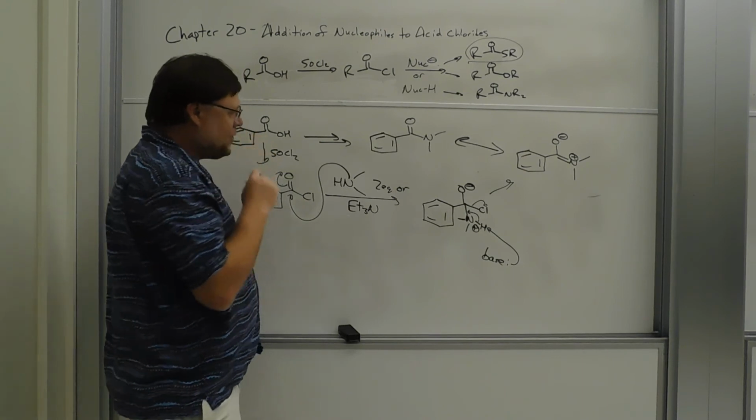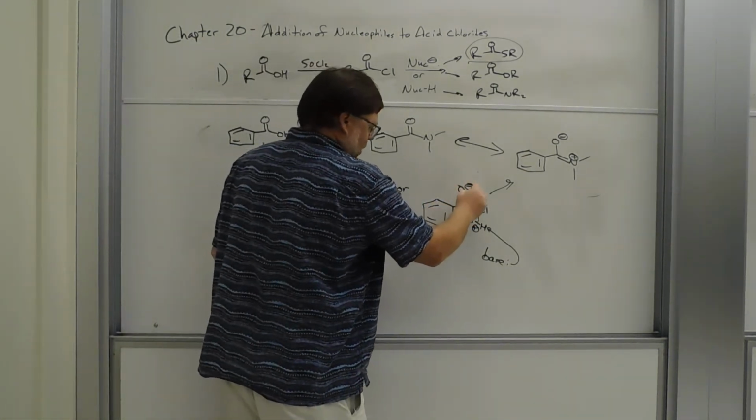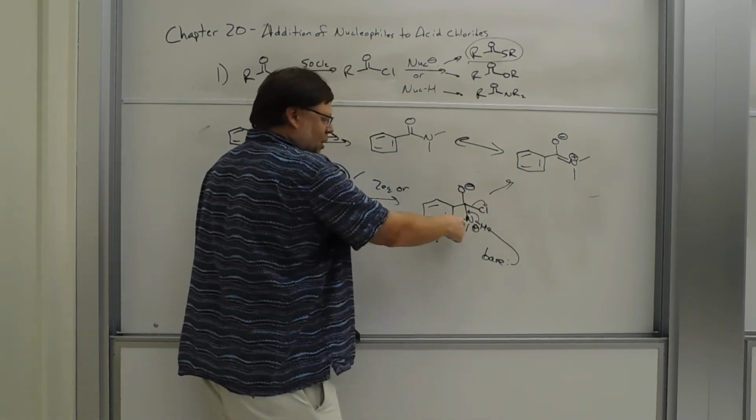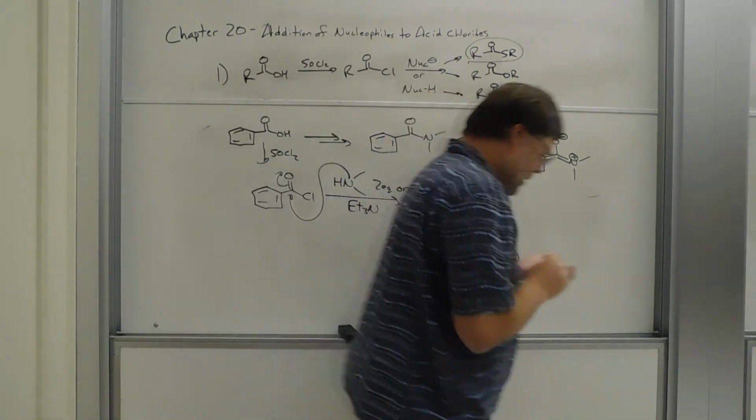Okay, so you typically aren't going to have that. The book has the O minus swing down, kick out the chloride. You end up with a plus here. You don't want a plus next to a carboxylic acid, right? So let me get the red pen.